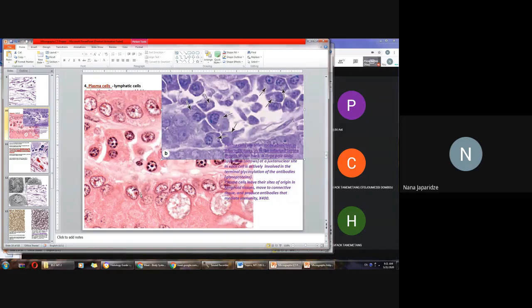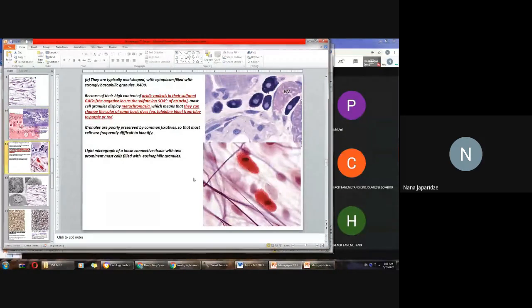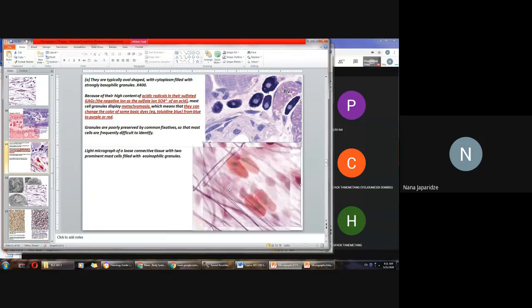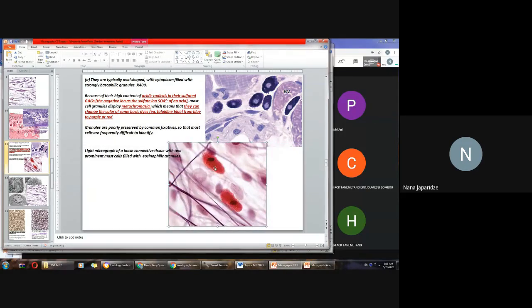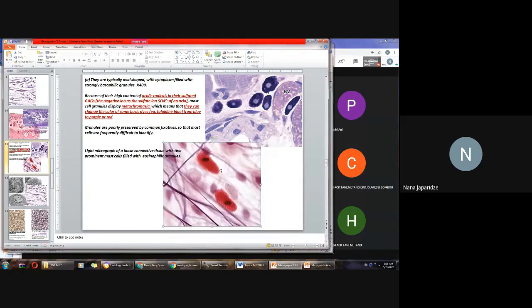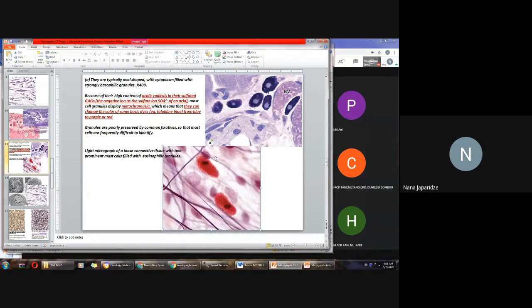Okay, so plasma cells, what are these cells? Mast cells, yes. And how can we identify them? Of course, using their morphological features, that they have granulation, which is clearly visible even in the light microscope.